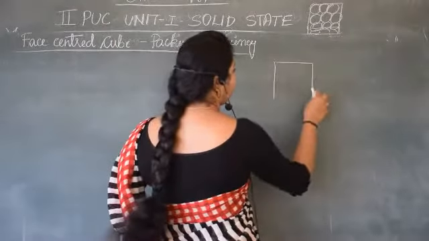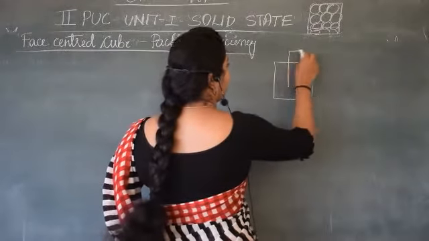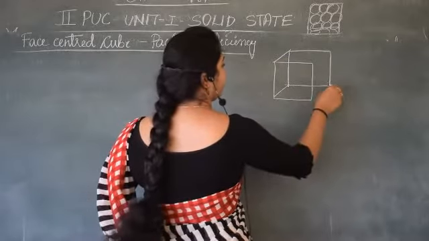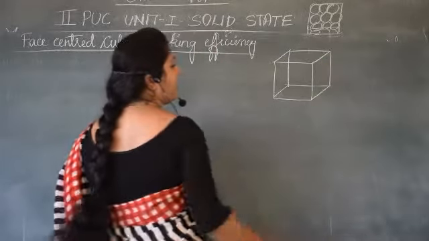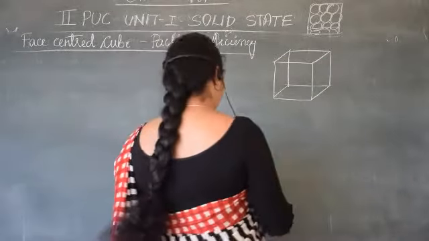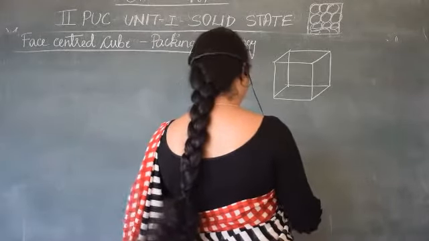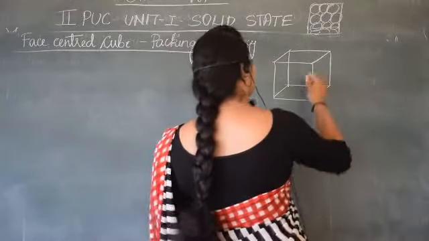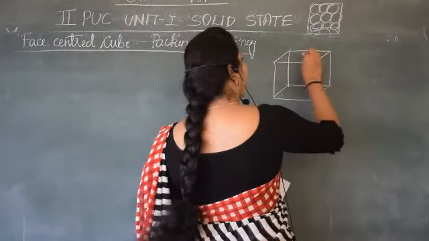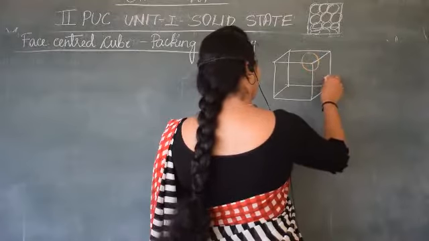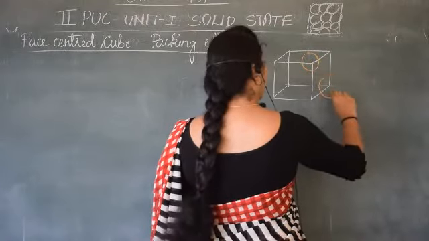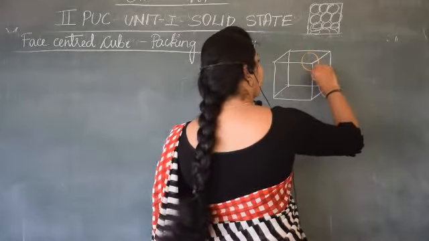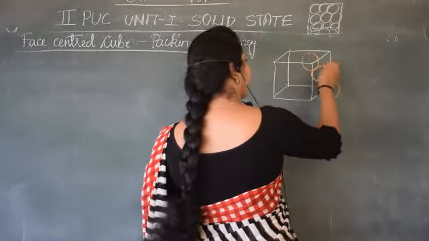First, draw the diagram for face centered cube. Here, the atoms that you need to mention are one atom here, one more at the corner, and one more face atom.